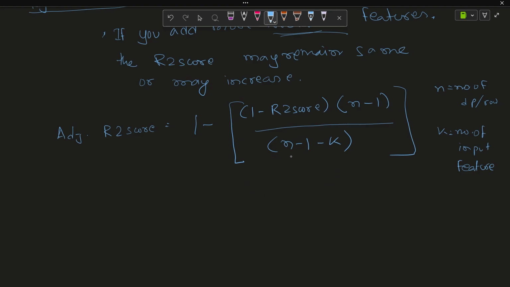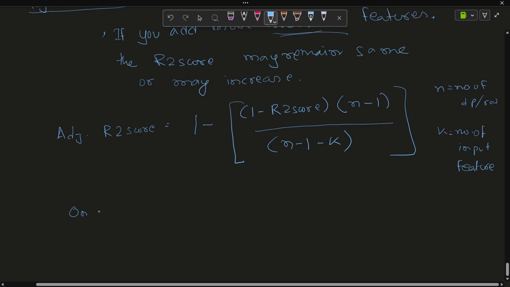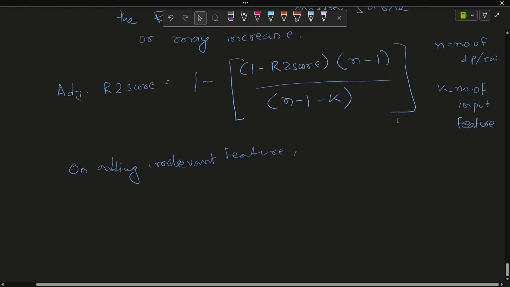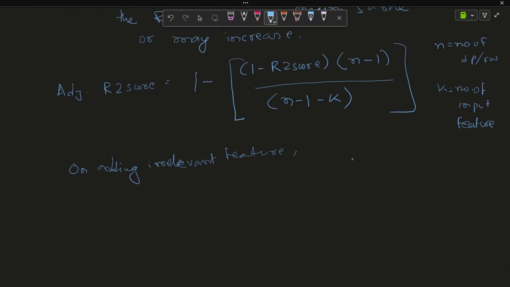And so you can see, on adding irrelevant features, what will happen? K will increase, and R2 score might increase, but it will increase by a bit, right, or may remain the same.